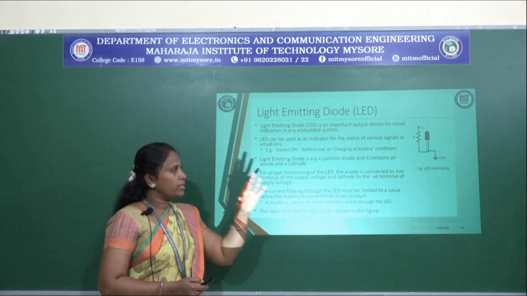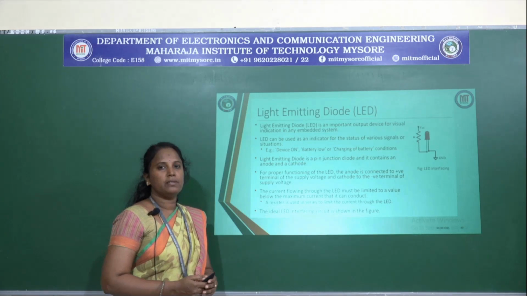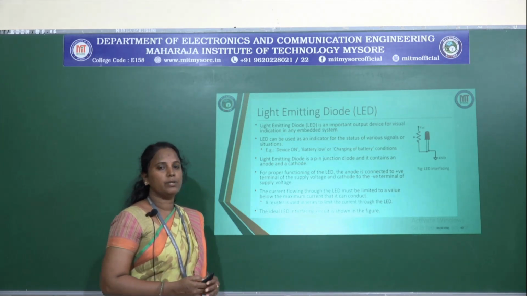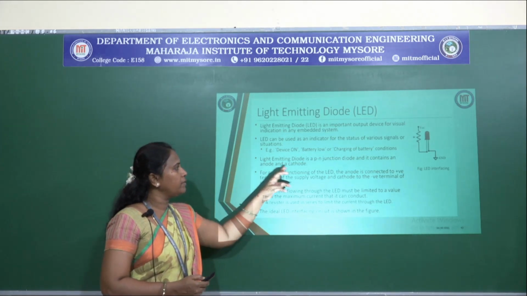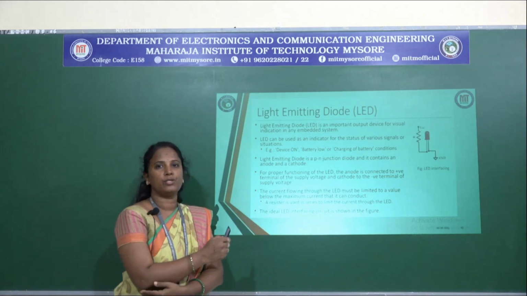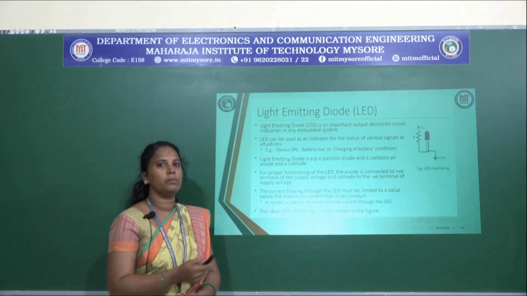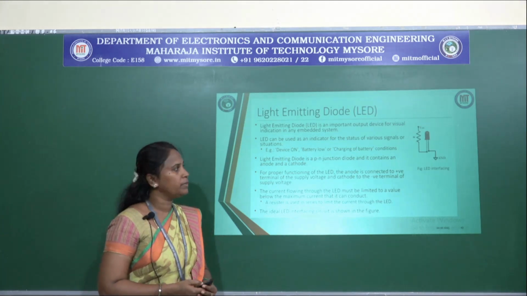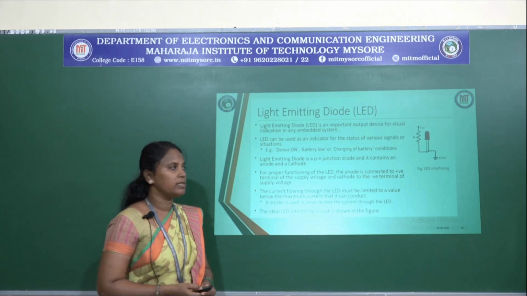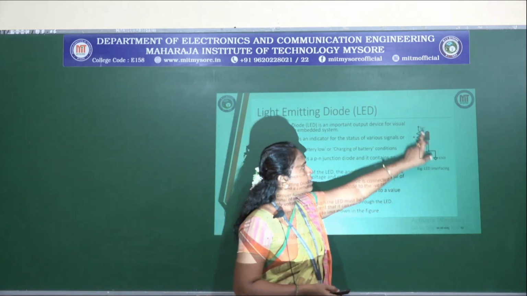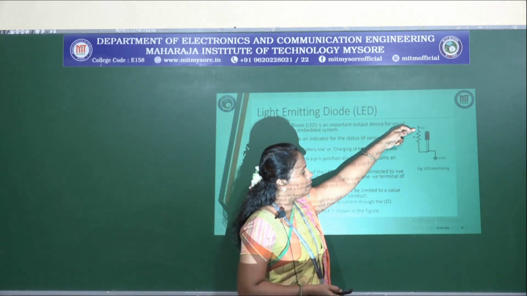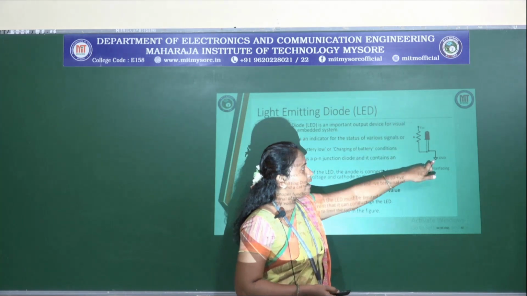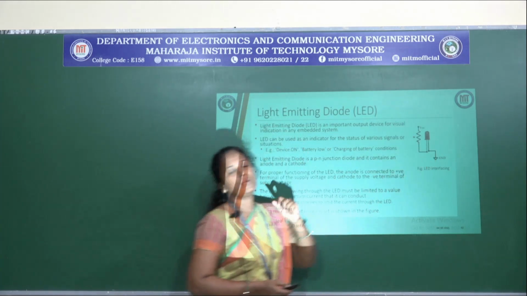As you can see, the LED has a simple circuitry, where it is a simple PN junction diode. It consists of two terminals, an anode terminal as well as a cathode terminal, where anode represents the positive terminal and cathode represents the negative terminal. You can see the anode is connected to your VCC, that is plus 5 volts, and the cathode is grounded here.